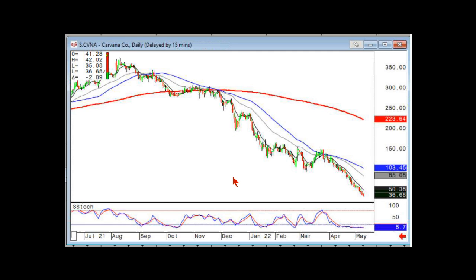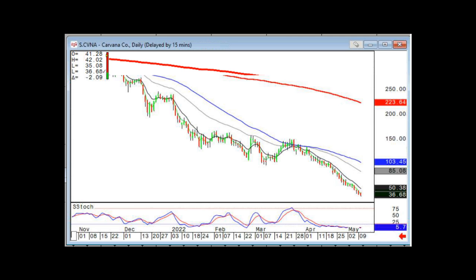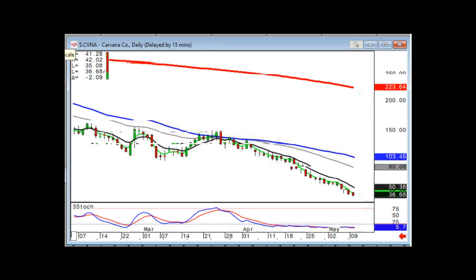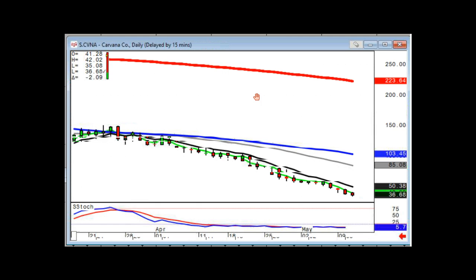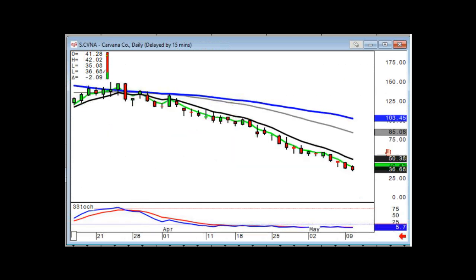And today it closed at 36. So to answer that question, why are a lot of these stocks selling off? We don't need to know that. All we need to do is analyze what they're doing.